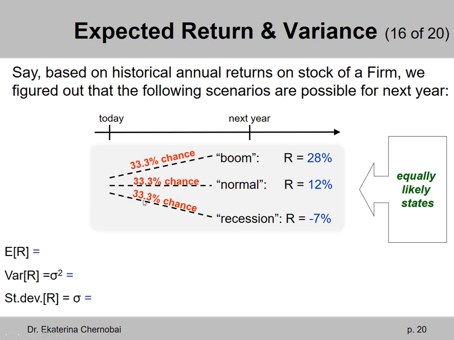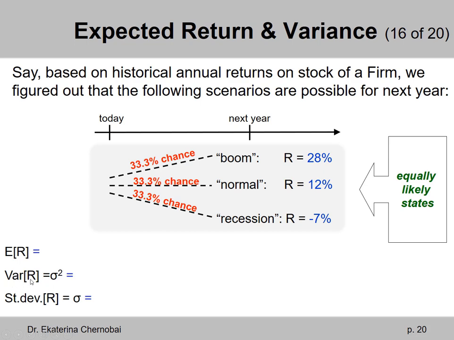And with the remaining 33.3% chance, the state of the economy will be called recession, and that's when you will lose 7%. Because the three probabilities of the three states of the economy are equal, we call them equally likely states. So let's calculate the expected return and then the risk.